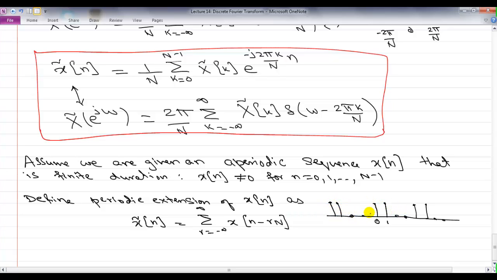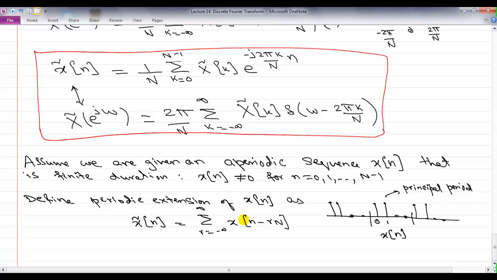So this part from here to here is my x of n, which I'll be calling the principal period. And the rest are periodic extensions of that. Okay. So this is the mathematical expression for representing that periodic extension.